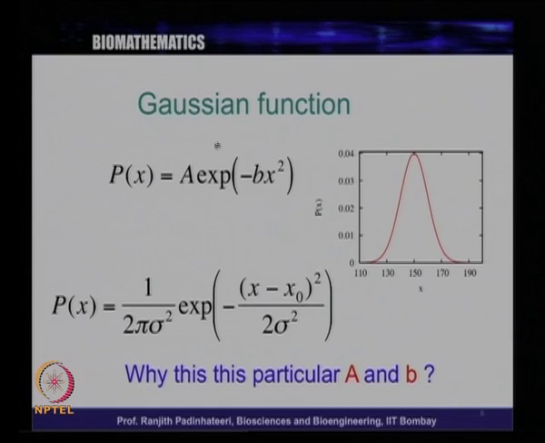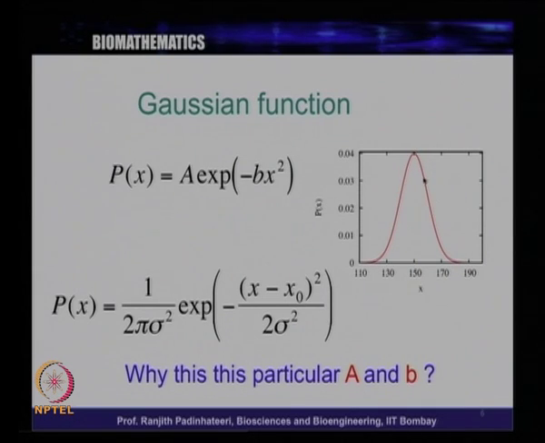Now, we know that this normal distribution is a Gaussian function. It is a mathematical function called a Gaussian. It has this particular form a e power minus b x square. If you plot this, a e power minus b x square, for some given value of a and given value of b, you will get this curve.